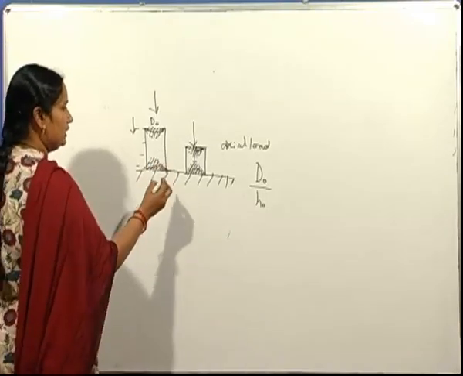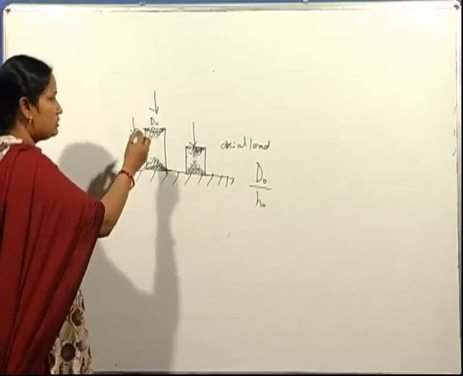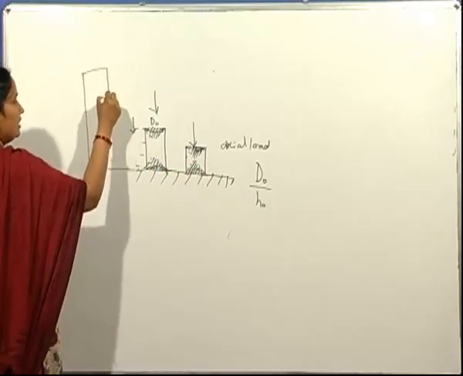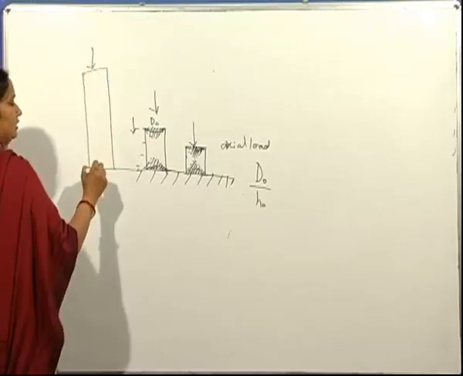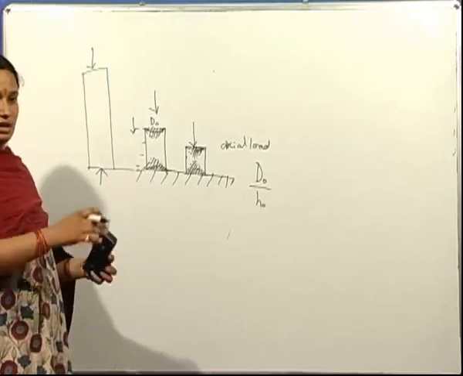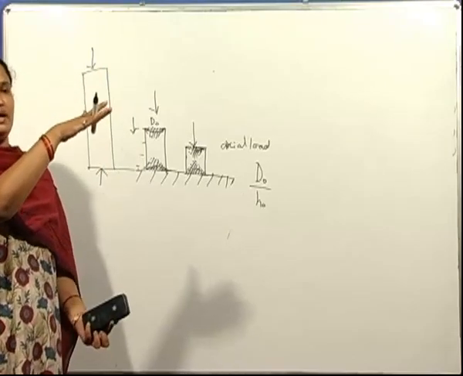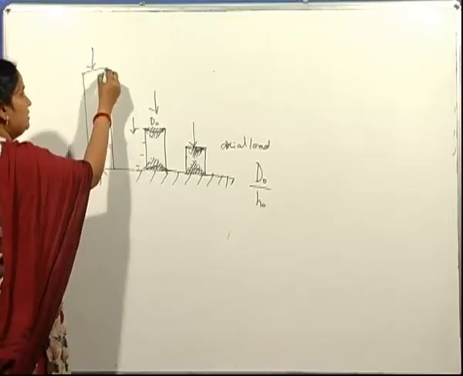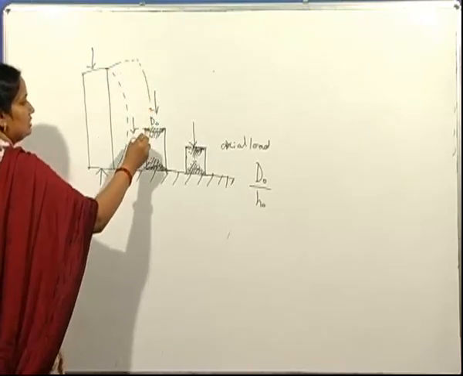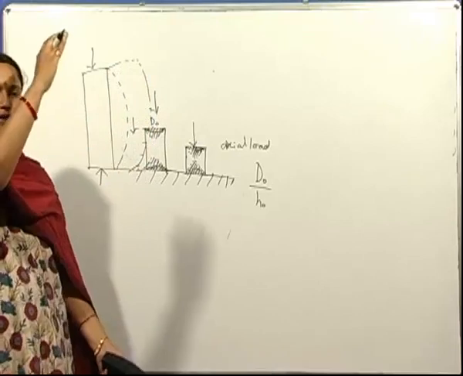Because with respect to the diameter, if the height of the specimen keeps on increasing, then the problem is that buckling occurs. So when a compressive force is applied on the specimen, it undergoes bending, buckling. This is what happens for a longer specimen.